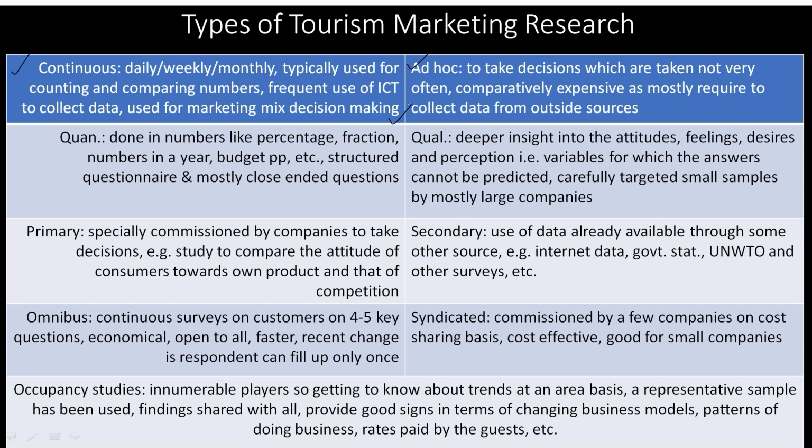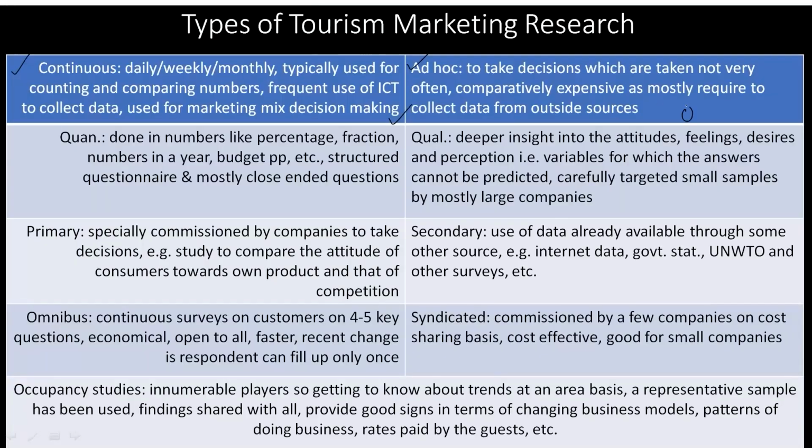Now there may be a research done to check the sale during a particular time, this year 2024 and then last year 2023. That will be done only once in a year, and if it is once in a year, then this can be done on an ad hoc basis.